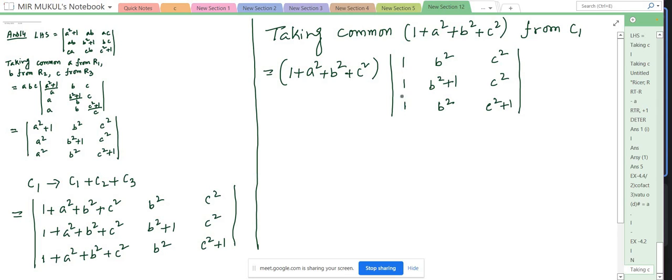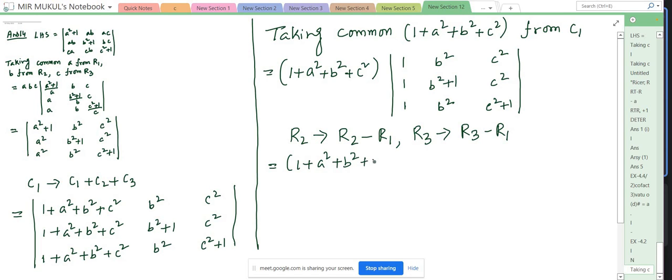Since the first column has all elements 1, use row operation. R2 goes to R2 minus R1. R3 goes to R3 minus R1. Right? Then we'll get 1 plus a square plus b square plus c square.